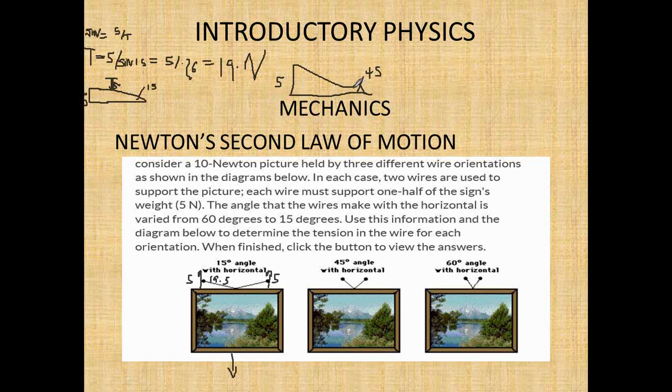This angle is 45. So the tension, using the same principle, the sine of the angle is equal to the opposite over the hypotenuse. So when you do the same thing, the tension in this case is equal to 5 divided by the sine of 45.